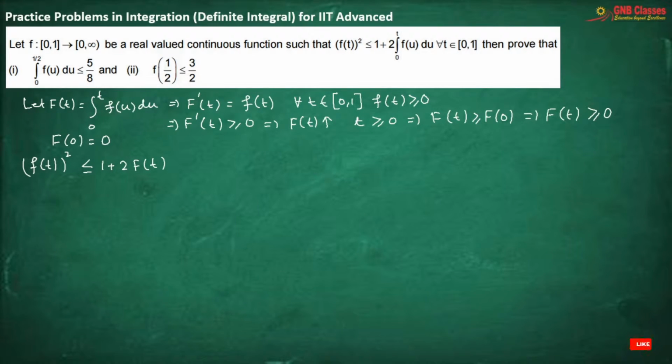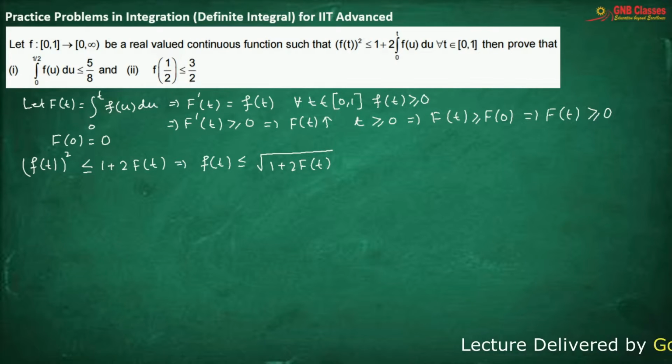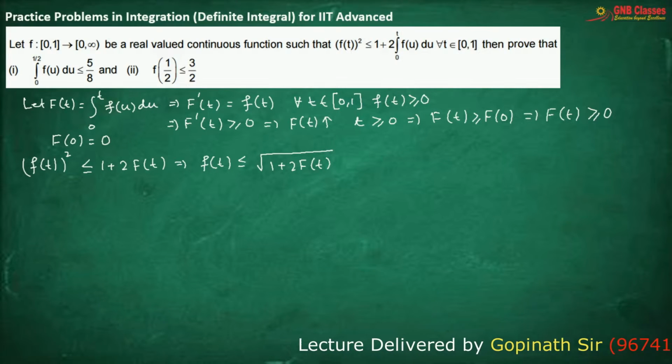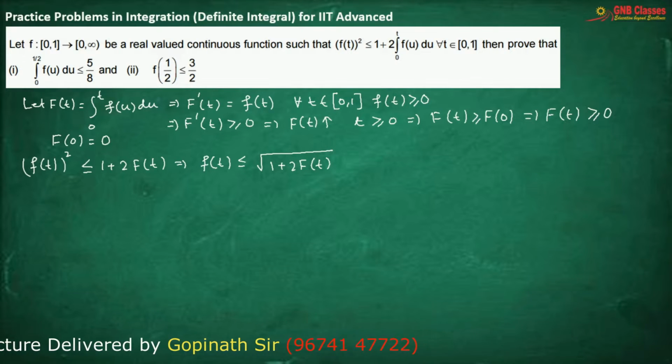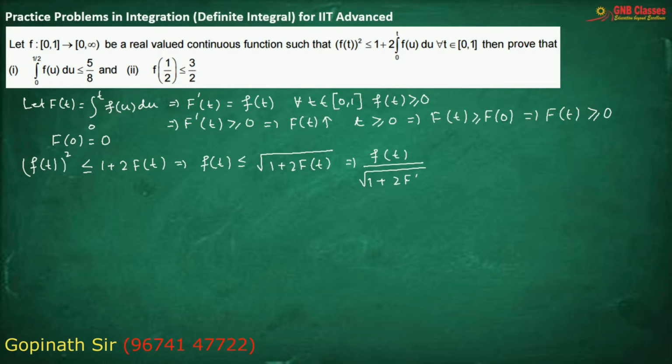So that implies, since capital F(t) is greater than or equal to 0, 1 plus 2 times capital F(t) is greater than or equal to 1. Therefore, we divide both sides by the square root of 1 plus 2 capital F(t), and we get: small f(t) can be replaced by capital F dash t.